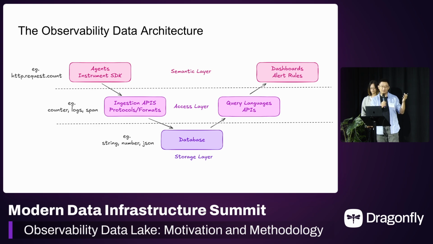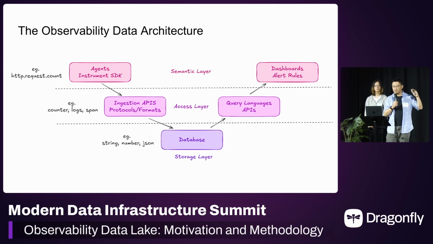Once the data is collected, it's encoded in some standard formats, and goes all the way down to the database. The right wing of this V letter is the data application path. Typically, it's a dashboard or some alerts notification system. It uses some standard query language or APIs to retrieve the data from the database.